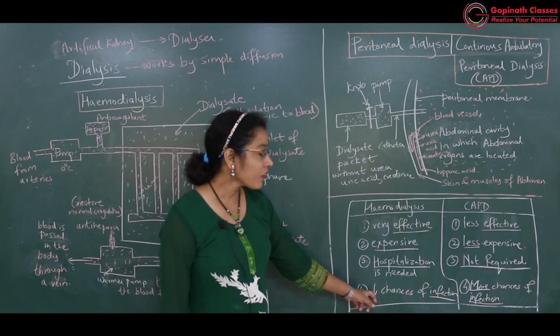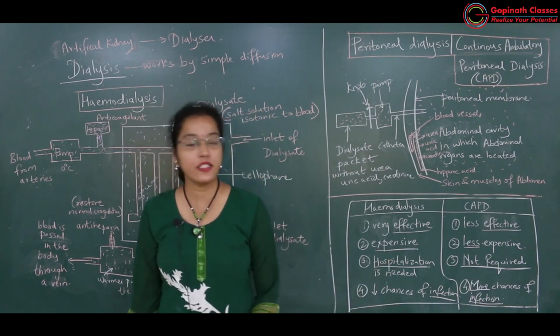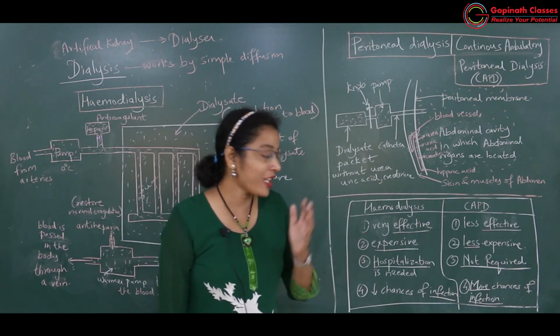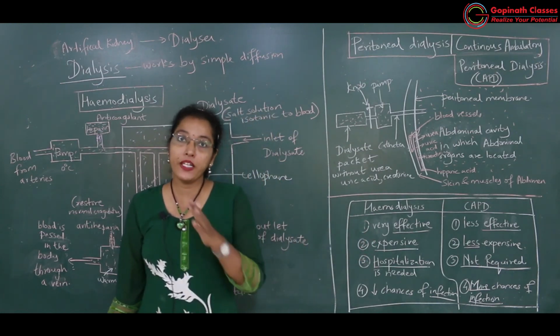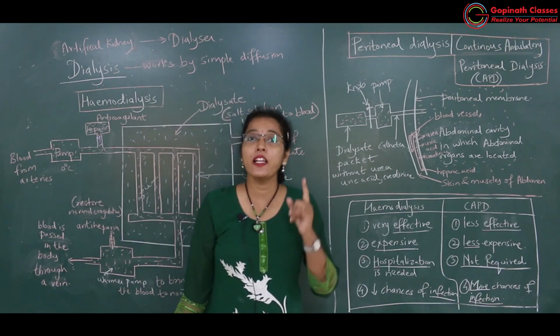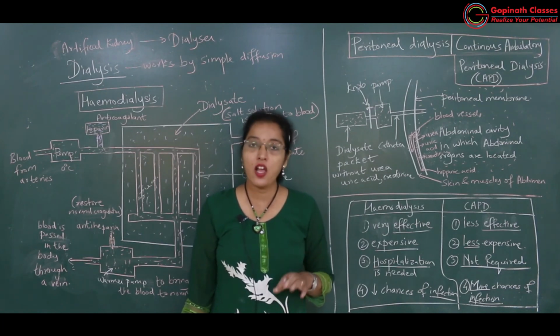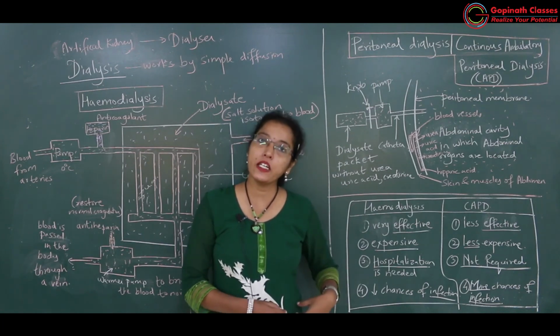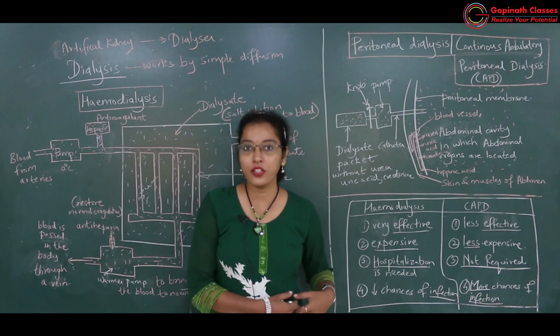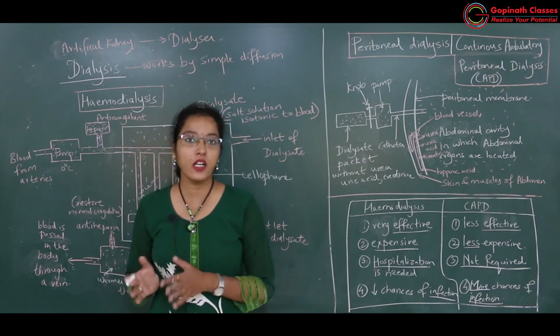There are fewer chances of infection in hemodialysis, whereas there are more chances of infection in peritoneal dialysis because an incision has to be made in the abdominal region for introducing the catheter, and the catheter permanently remains in that particular region because this has to be done on a regular basis.